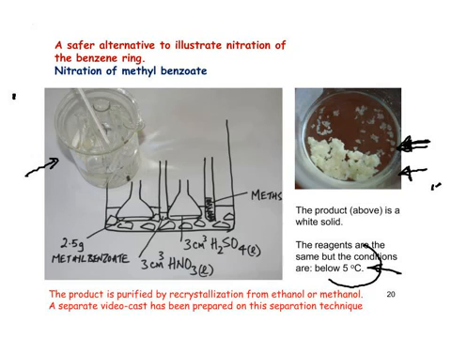You would dry them between sheets of filter paper, and then you could test the melting point and use the melting point to decide on the purity. If the crystals were not sufficiently pure, then you would have to consider going through the process of recrystallization again.